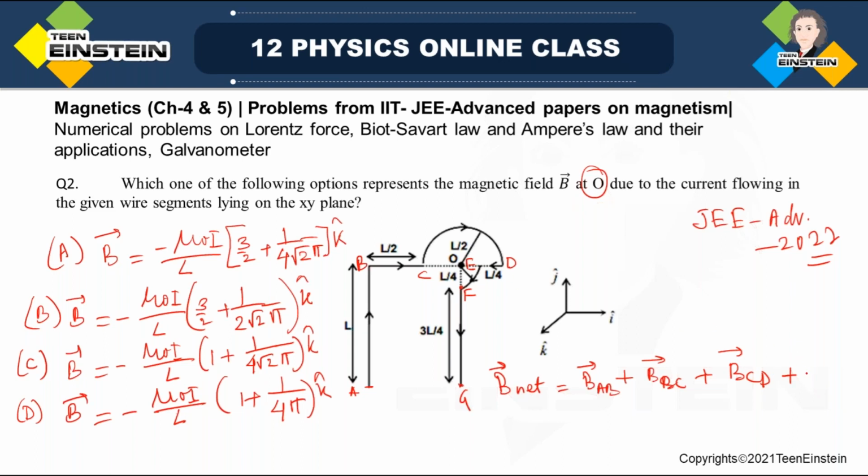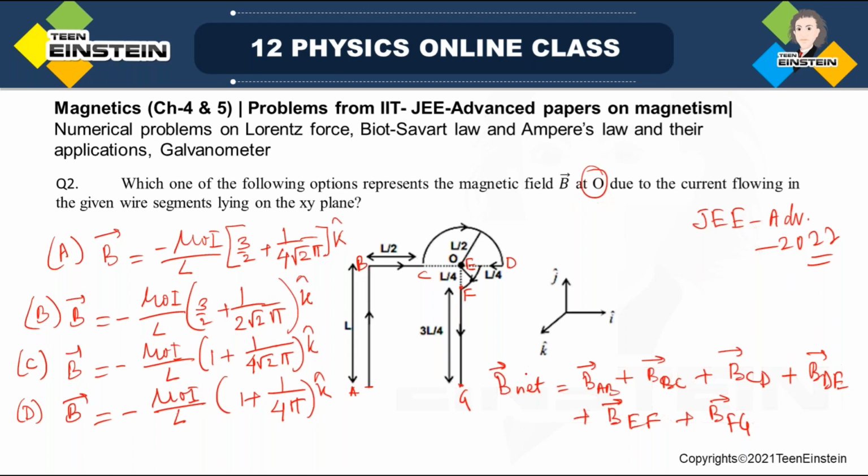Magnetic field due to the DE part. Okay, and then magnetic field due to the EF part, and finally magnetic field due to the FG segment.